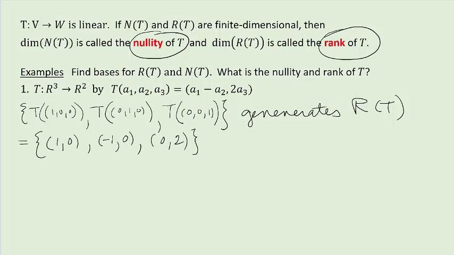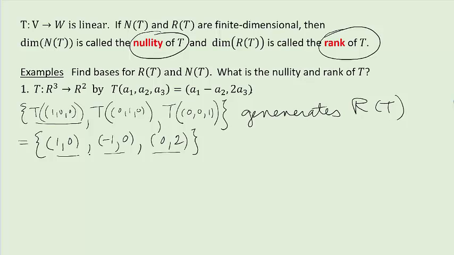So the linear transformation of these basis vectors is, well, we'll just look at the first one here. The first coordinate will be a1 minus a2. So that's 1 minus 0 is 1, and 2a3 is 2 times 0 is 0. So you just follow the instructions up here for the linear transformation T and find the image of the 3 basis vectors.